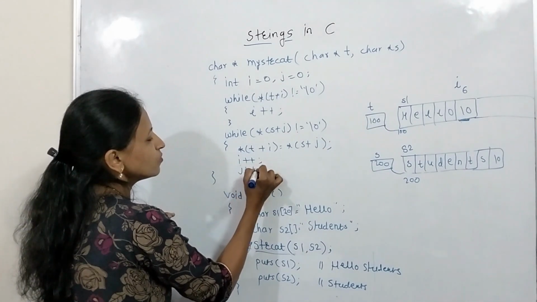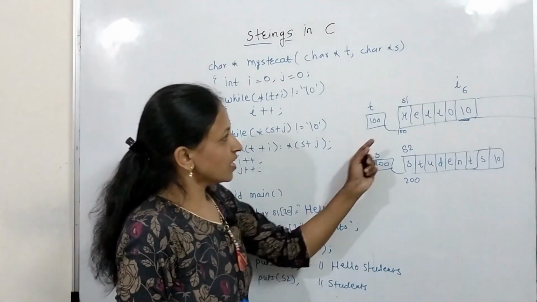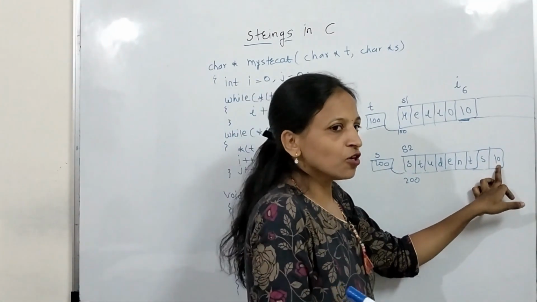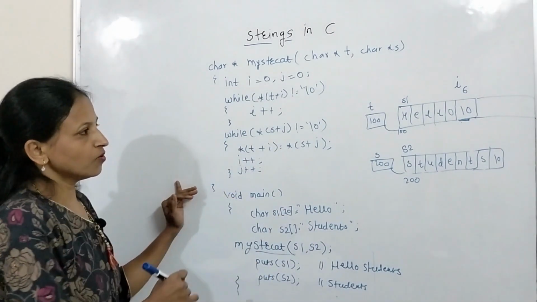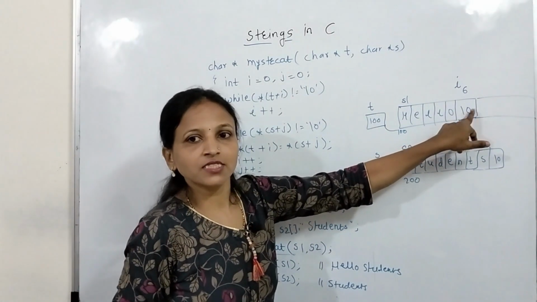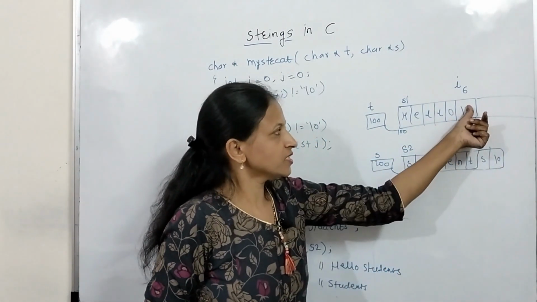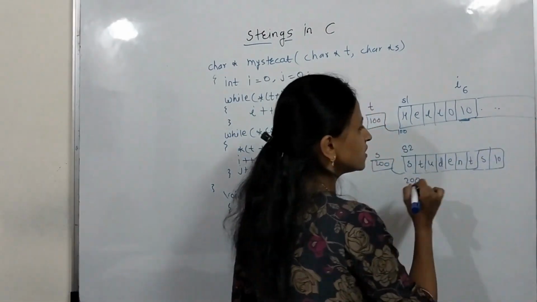In this way we have to do this concatenation. Now finally, after copying this, we will get '\0' and control will automatically get out of that loop. Now we have to explicitly attach this '\0' at the end here, because this '\0' has been replaced by s, then t, then here. In this way all characters will get copied.